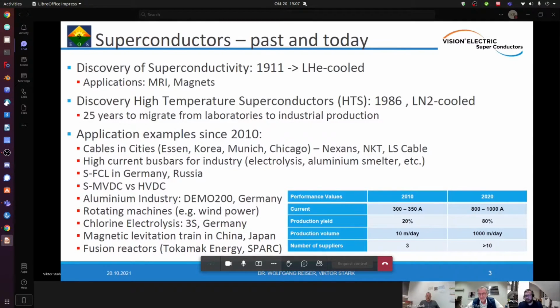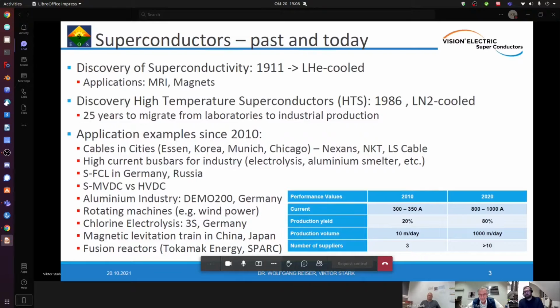And as you can see, the production is more efficient. The current carrying capacity is more than doubled. And also the production volume is increasing.